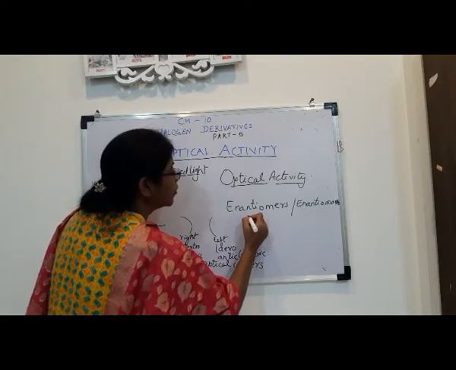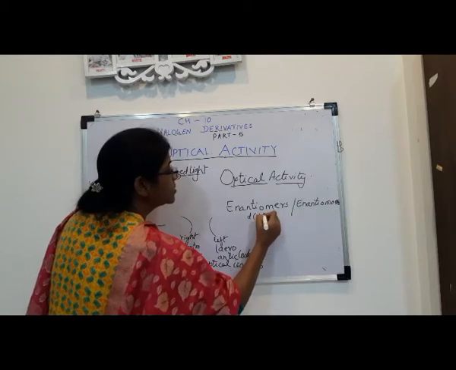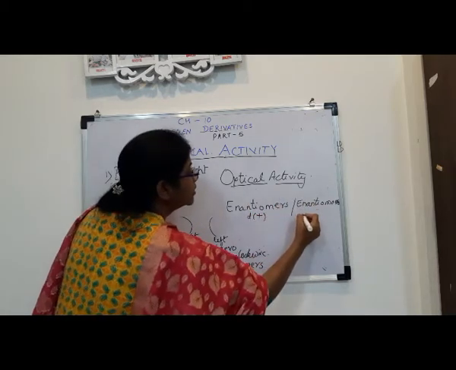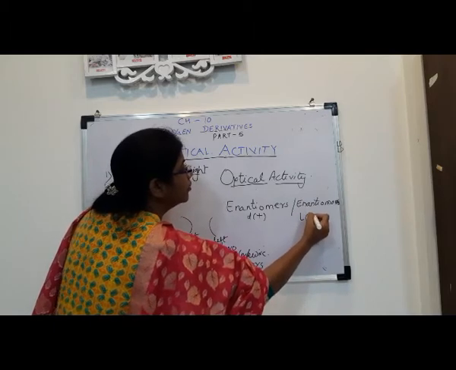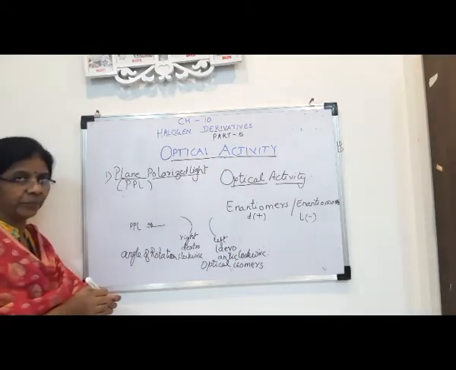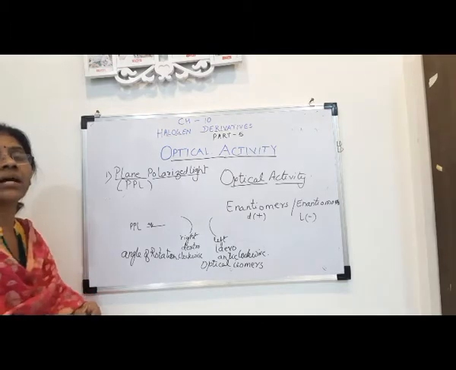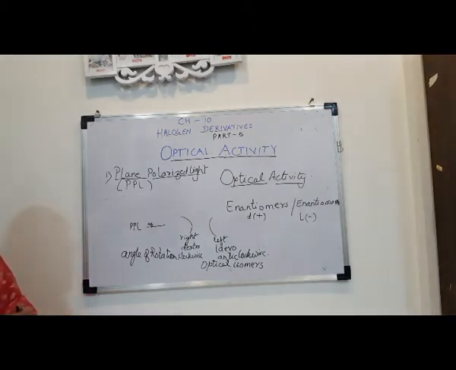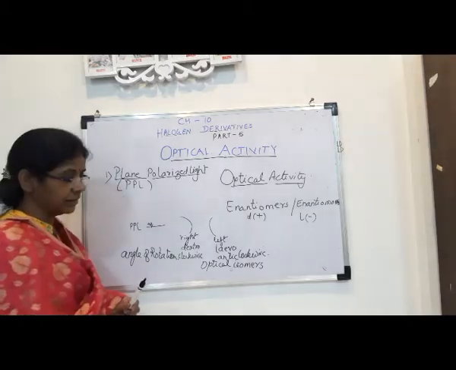If it is clockwise, it is dextrorotatory, and you denote it by plus. If it is in the left direction, it is levorotatory and you denote it by minus. So important. Enantiomers are optical isomers, and the whole phenomenon exhibited by these optical isomers is called optical activity.